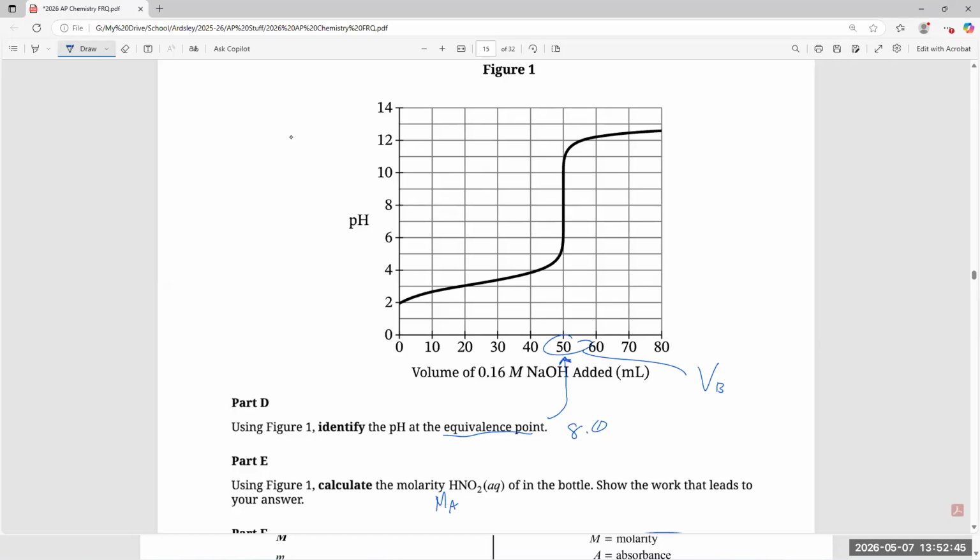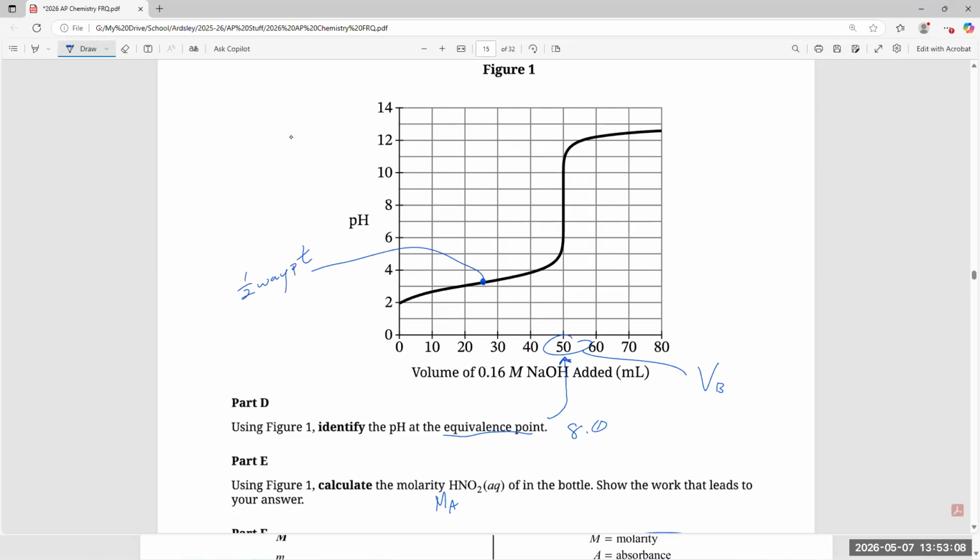It's literally smack in the middle of this lower curve, in the middle of the change of the slope. So it would be right around here, right?